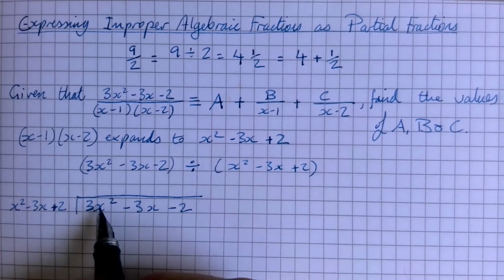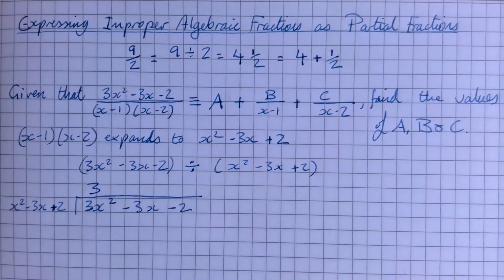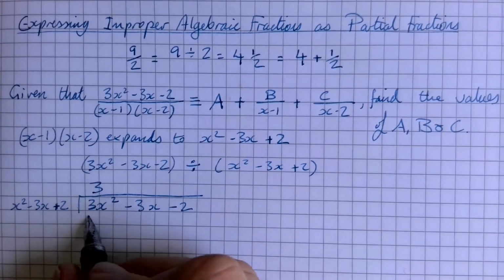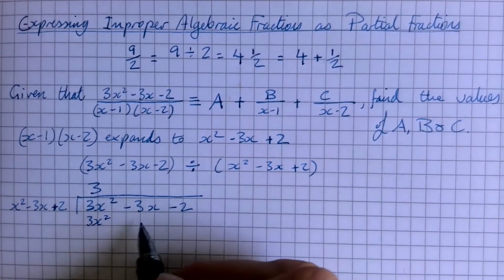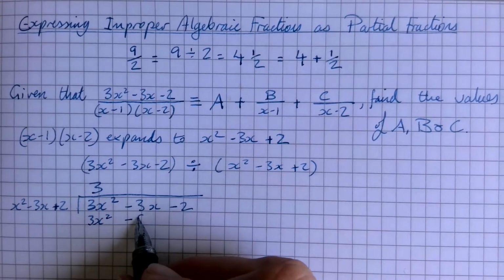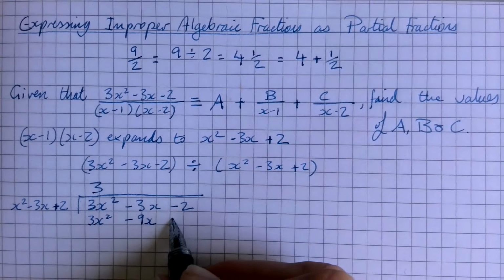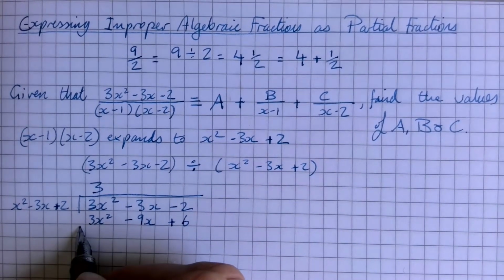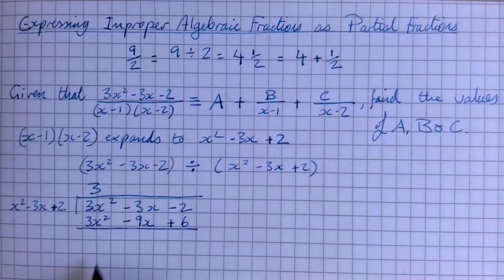So x squared goes into 3x squared 3 times. Now we multiply everything as we would do before, and that gives us 3x squared, minus 9x, and plus 6. And then when we take that away, it gives us no x squareds at all.